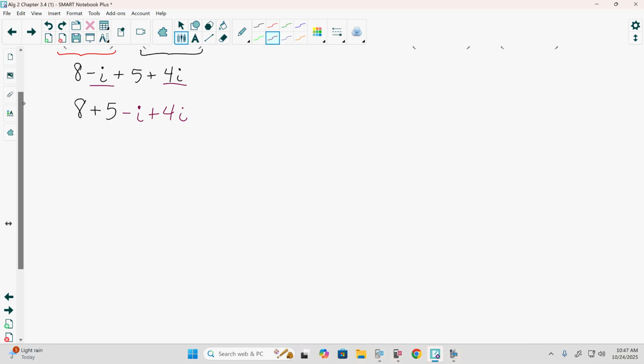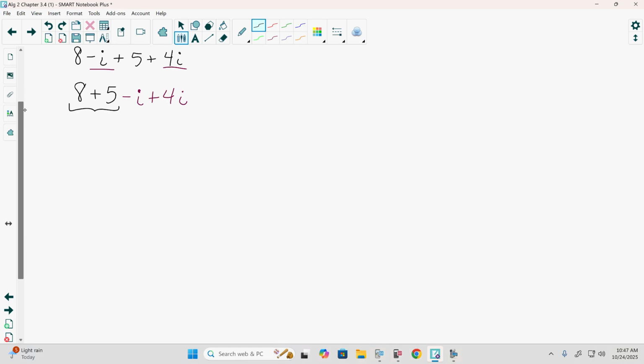Okay? Now we need to be able to add and subtract, or combine like terms. Now the 8 plus 5, we've done that before. 8 plus 5 is what? 13. Yes? Now -i plus 4i.